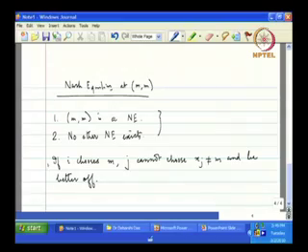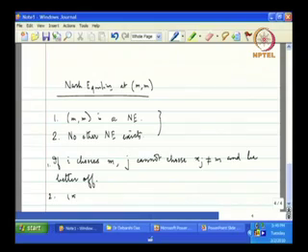What about the second part? No other Nash equilibrium exists, which means that if xi, xj is there where xi is not equal to M and xj is not equal to M, then this is not a Nash equilibrium.